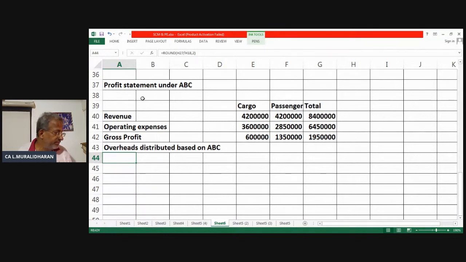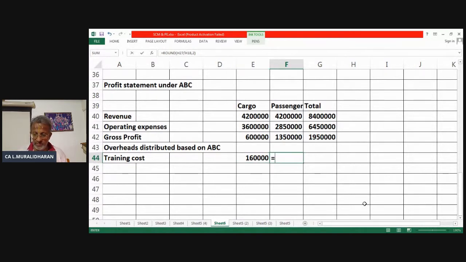First item is towards training. Training cost is 8 lakhs into 200 divided by 800. Sorry, not 8 lakhs, 6 lakhs 40,000.